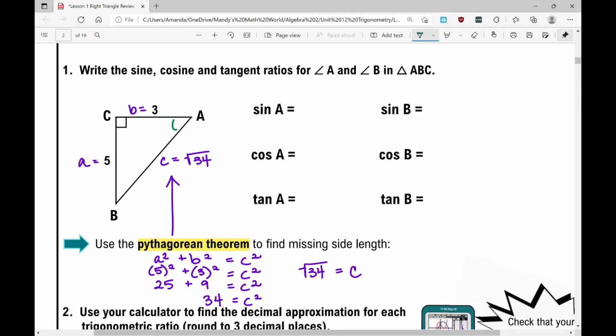So now let's write our ratios. And what I'm going to do is I'm going to write SOHCAHTOA right here. And I write that a lot whenever I'm doing right triangle trig. So SOHCAHTOA, that just helps me remember that the sine of this angle measure right here is the ratio of the opposite side to the hypotenuse. The opposite side has a length of 5, and the hypotenuse has a length of square root of 34. However, I would not leave my answer like that, because do we leave a radical in the denominator?